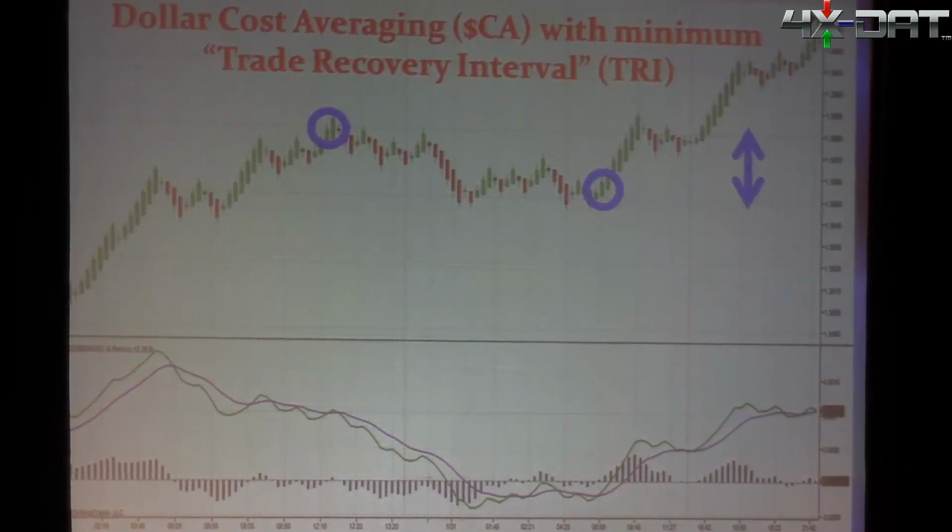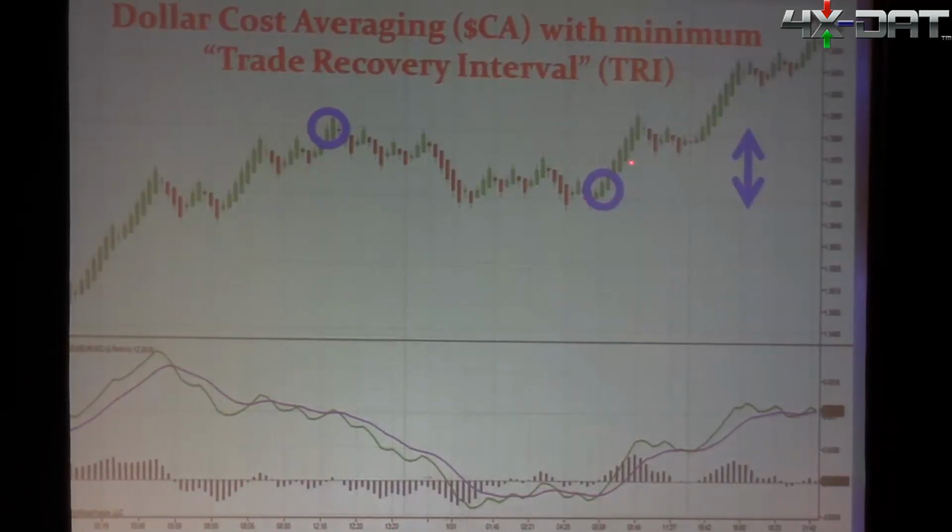Let's make another assumption. Let's assume that this market didn't quite run all the way up here. That it ran up, say, about half the distance. You wouldn't have made 40 pips from here to there, but only about 20. Well, guess what? The same rule applies to the second trade.